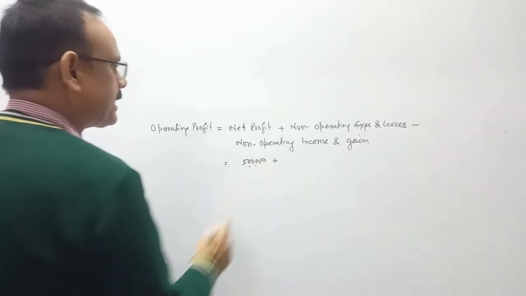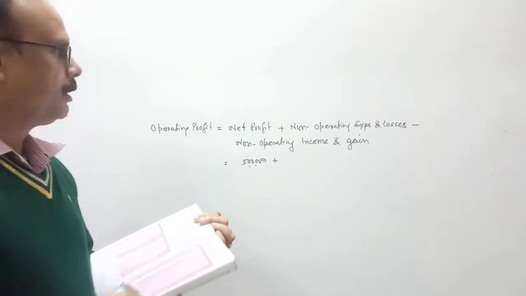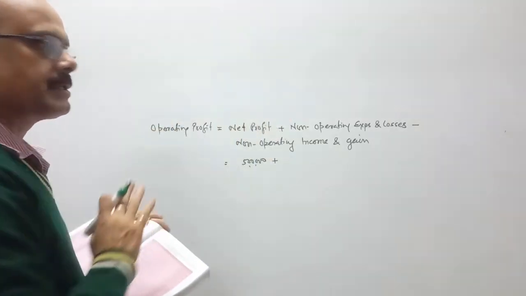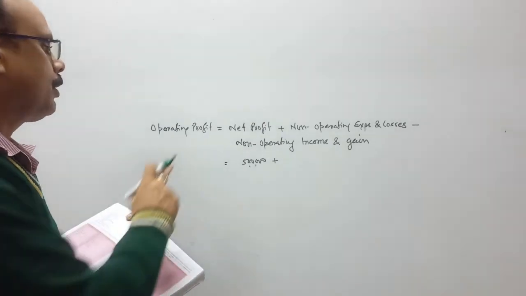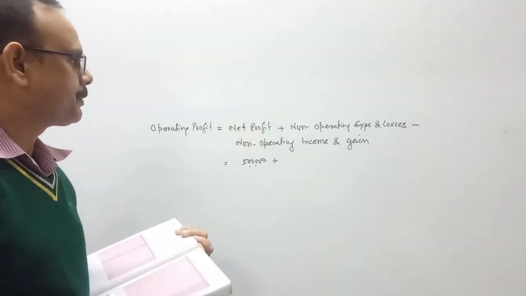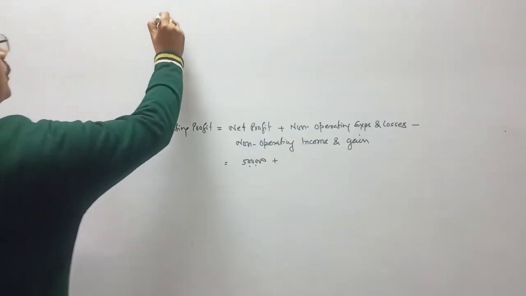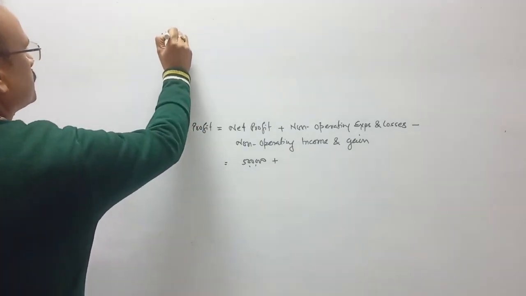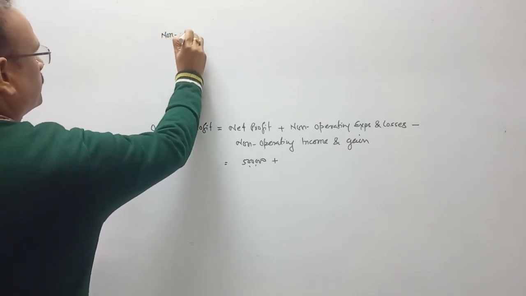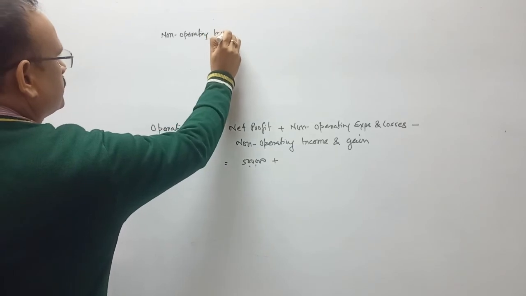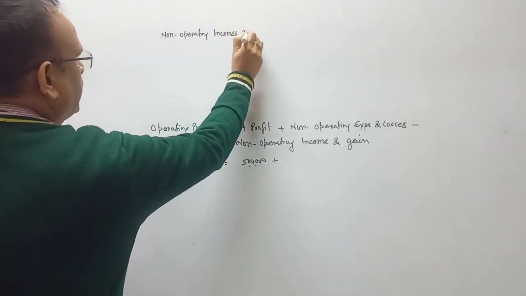What other things are given in the question? We have to see non-operating expenses and losses, which we have to add back, and non-operating incomes and gains, which we have to deduct. What are non-operating incomes and gains?